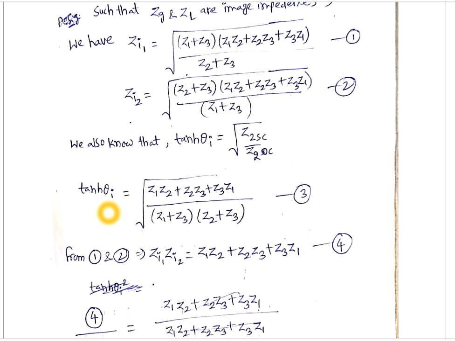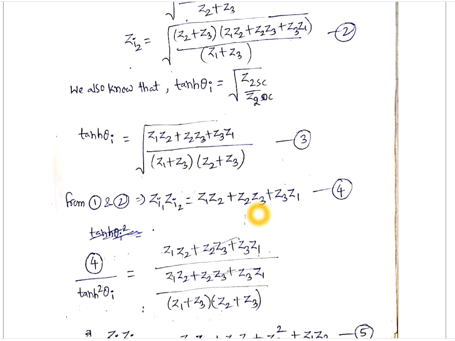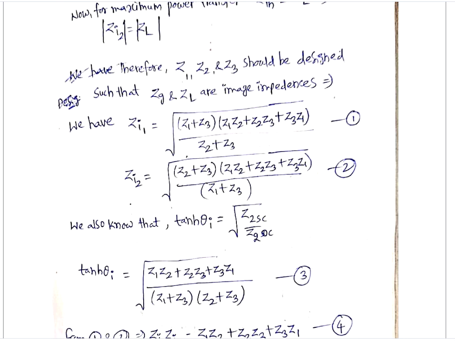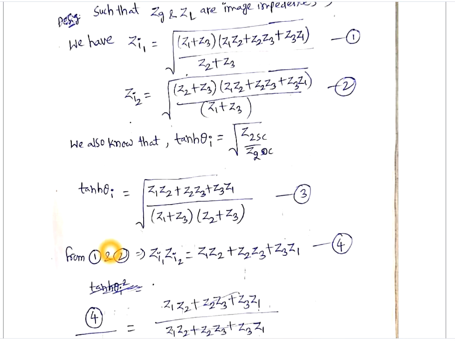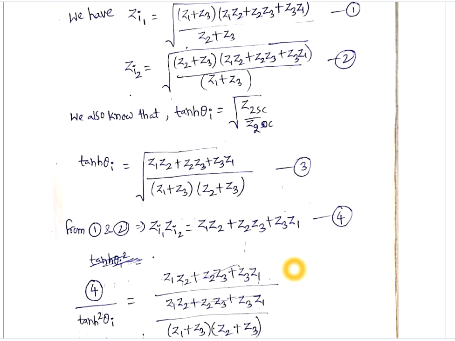This is the equation because we have ZSC2 and ZOC2 here, and their ratio is substituted here, right? And since we have the Zi1 equation and Zi2, from 1 and 2 if you multiply Zi1 and Zi2, the product, you will get Z1 Z2 plus Z2 Z3 plus Z3 Z1, right?